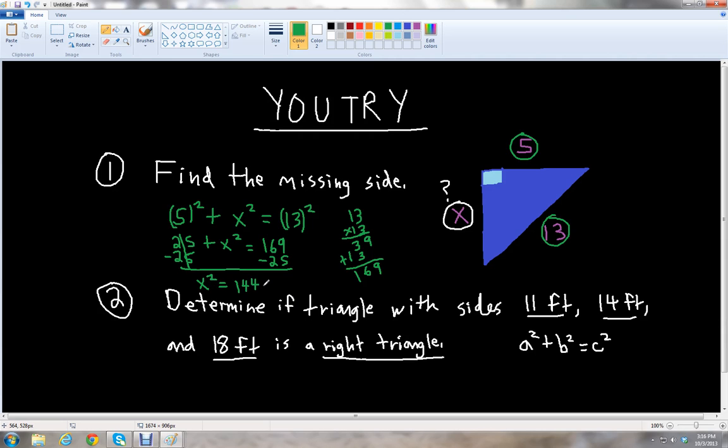And then we take the square root of 144 to find x. With 144, you know that 12 times 12 is 144 from the times tables. So x has to be 12 units. x equals 12.